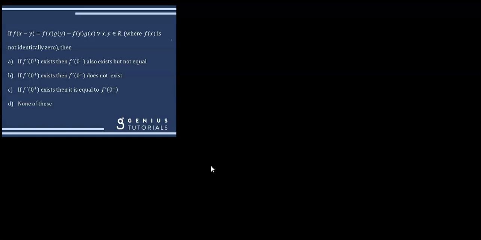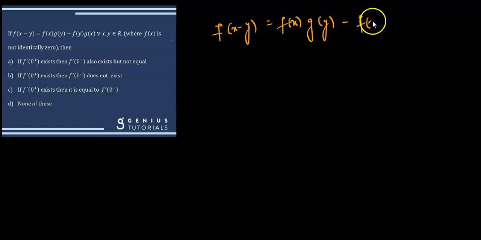Okay, so what we can do in this type of question: to start with, f(x minus y) is given as f(x) g(y) minus f(y) g(x). Now we can do one thing: substitute x equal to y.